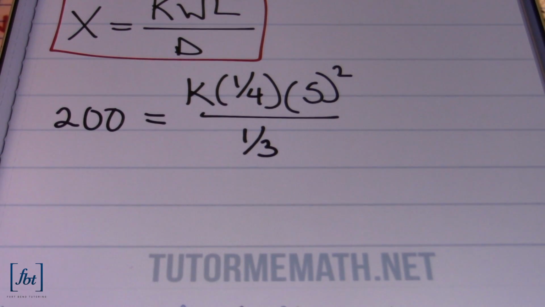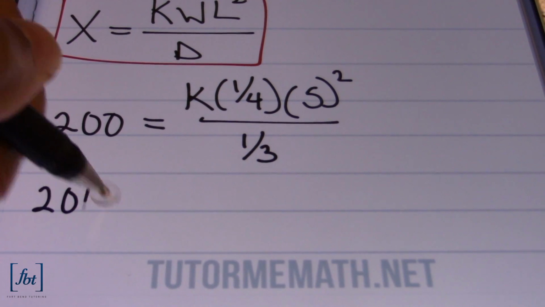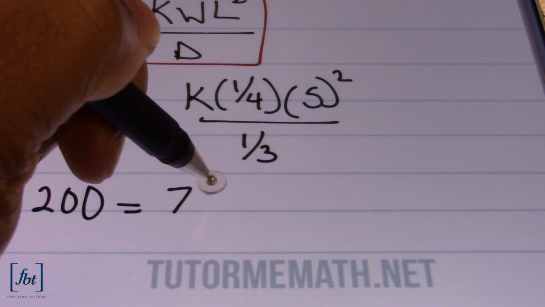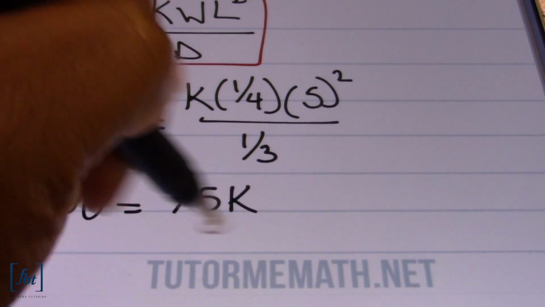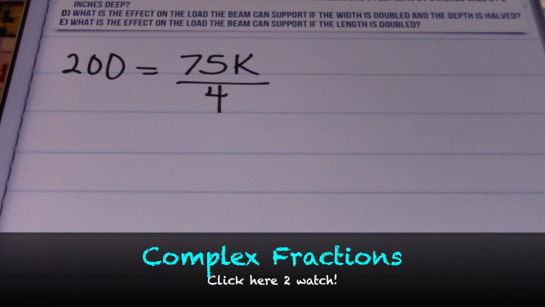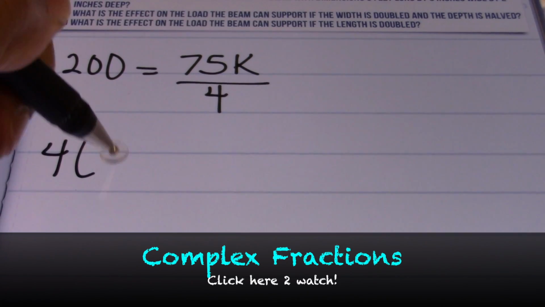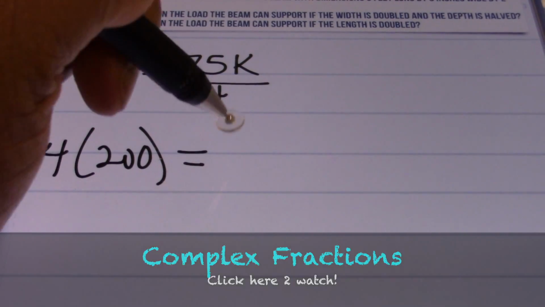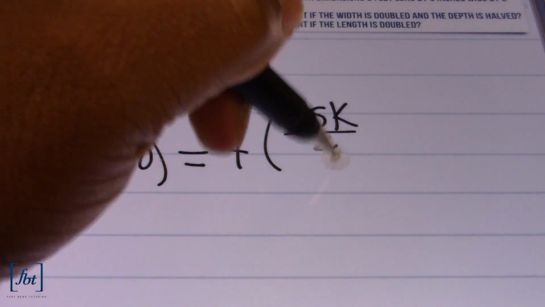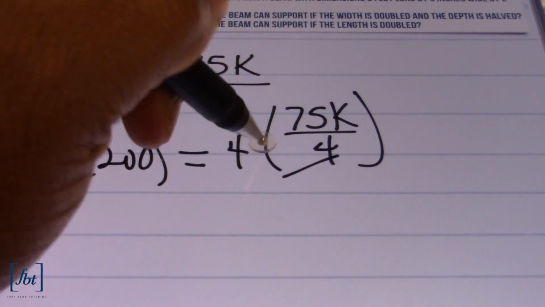Rewriting our equation, I'll have 200 equals 75K divided by 4. Multiplying both sides by 4, we have 4 times 200 equals 4 times 75K divided by 4. Your 4's will cancel out.